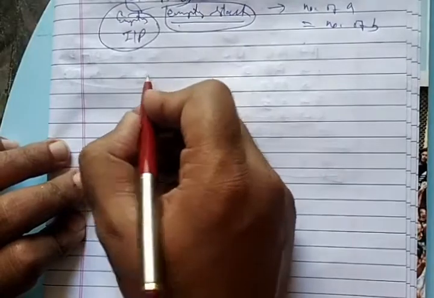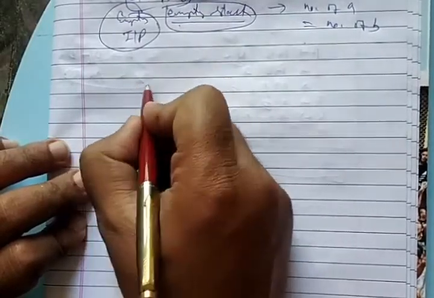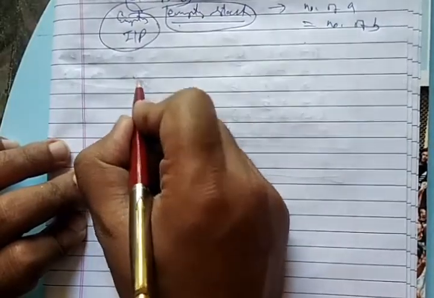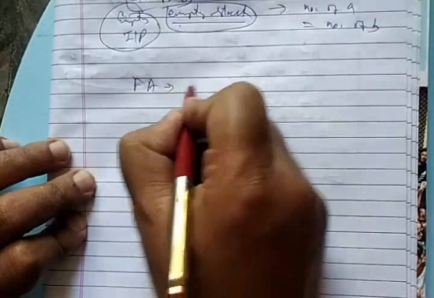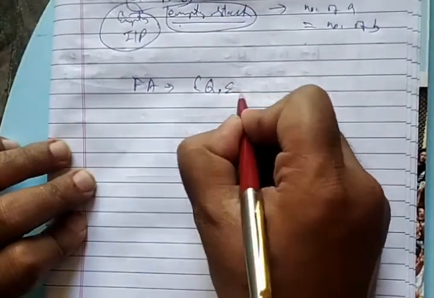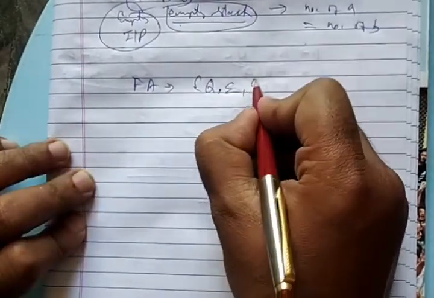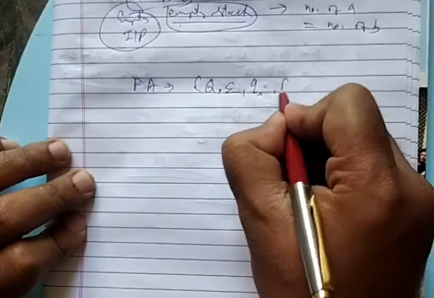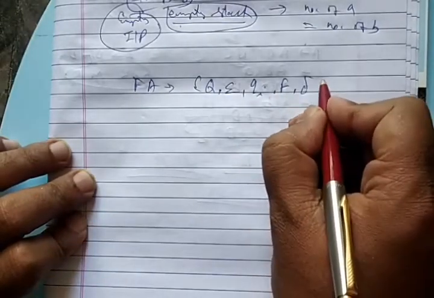Finite automata consist of 5 tuples. What are the 5 tuples? Finite automata have 5 tuples: set of states, set of inputs, then initial state, set of final states, and we have the transition function.